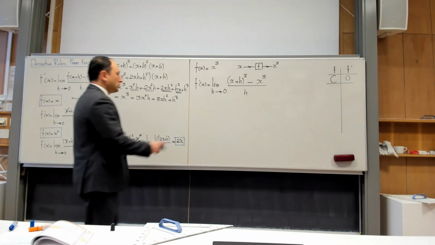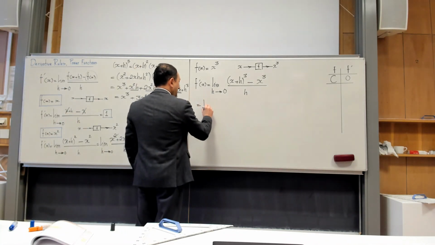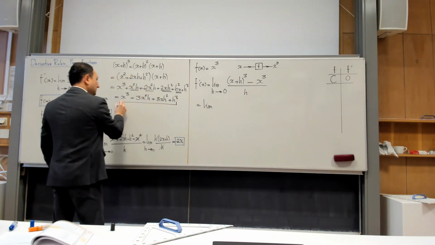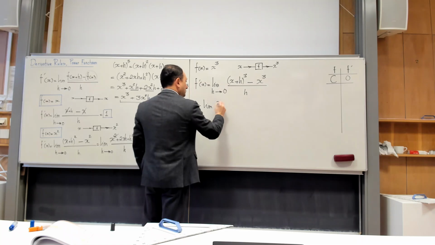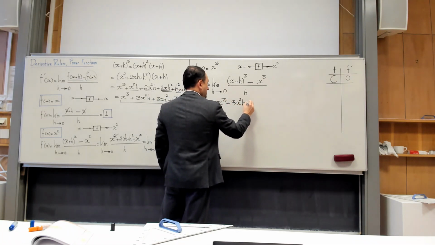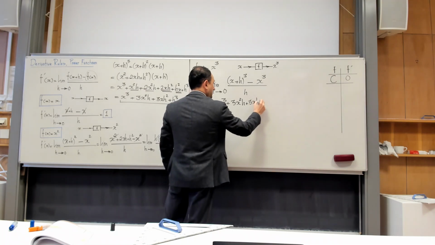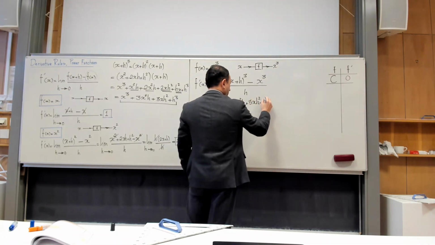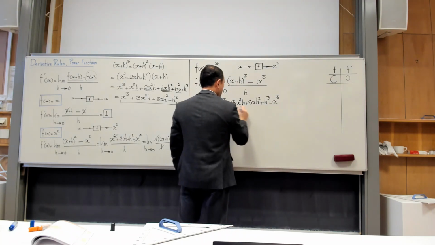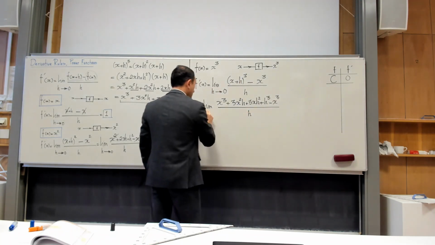Yes. So here I will continue the limit. Instead of this one, I put this expression in. So it becomes x cubed plus 3x squared h plus 3xh squared plus h cubed minus x cubed, divided by h, as h goes to 0.